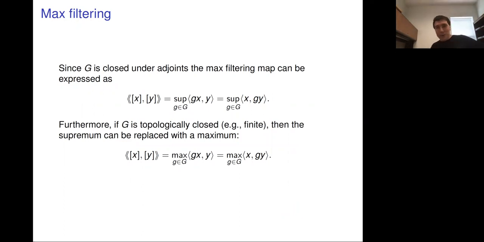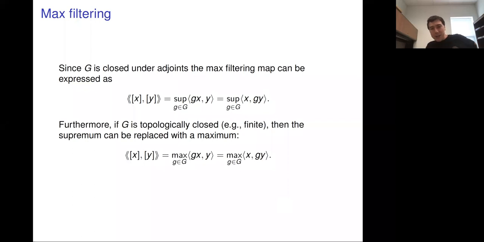So inside of the inner product, in principle, I have an element of the group G acting on both X and Y, but I can push one of them over to the other side of the inner product, so that I only have to consider the group acting on either X or Y. And when the group is finite, or at least topologically closed, so a compact group, which is what we're going to be talking about going forward, the sup can be replaced by a max.